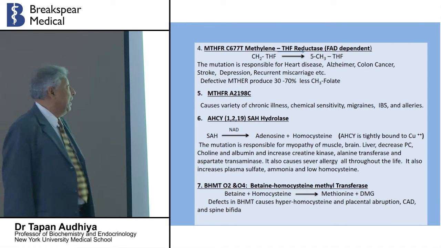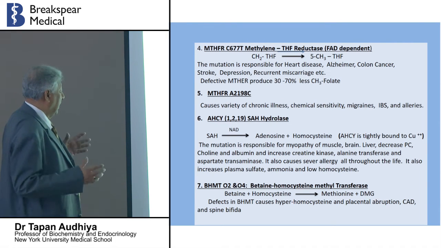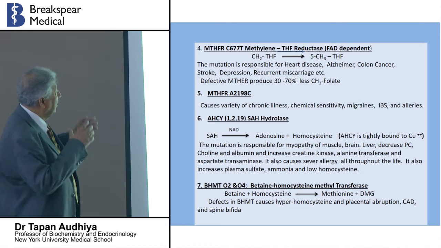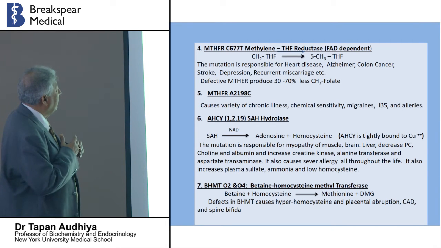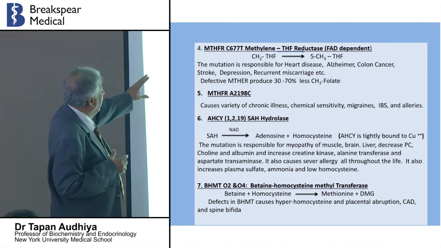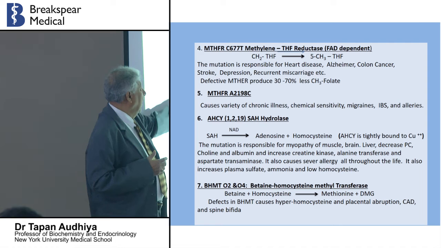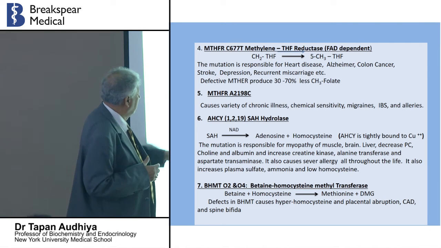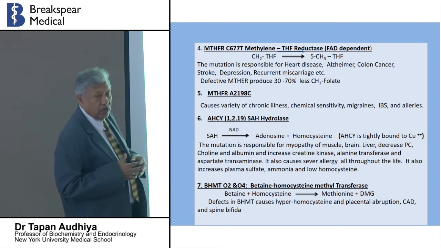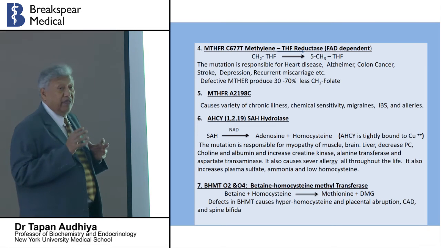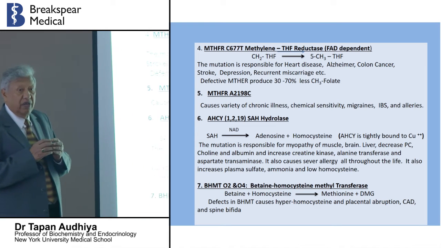Okay, this is MTHFR. I have a lot to say about this. Now, unfortunately, a lot of things it's difficult to say, but anyway, I'll tell you that there are two major ones I'm showing you, 677 and, this should be 2198, yeah, those two. There are 40 different mutations in the MTHFR.